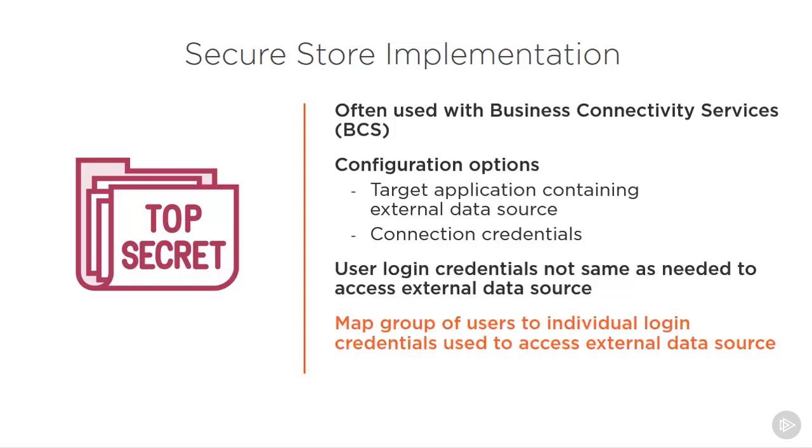What we're going to do is map a group of users to an individual login, and we're going to store that individual login inside of the Secure Store, and we're going to map that login information specifically to that data source through the business connectivity services. And by doing so, it will eliminate any authentication prompts when they're accessing that external data source.